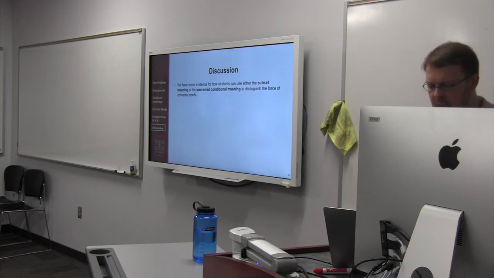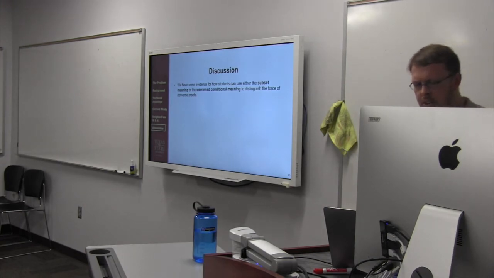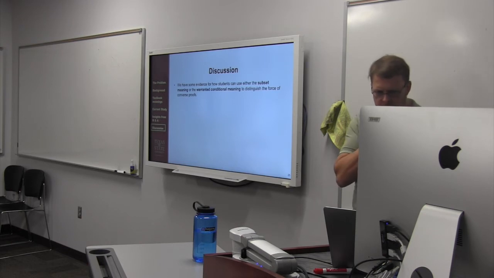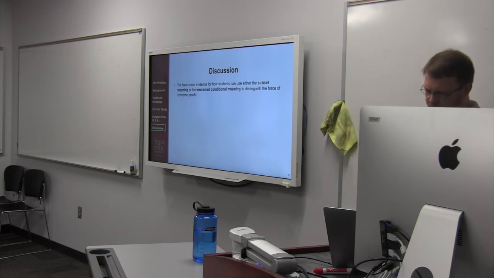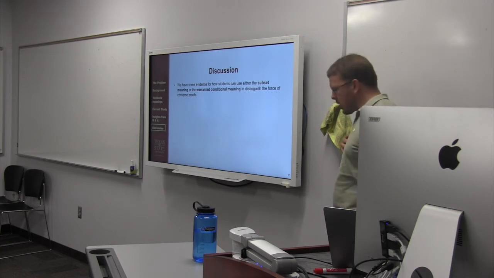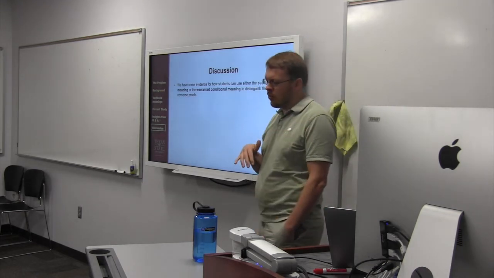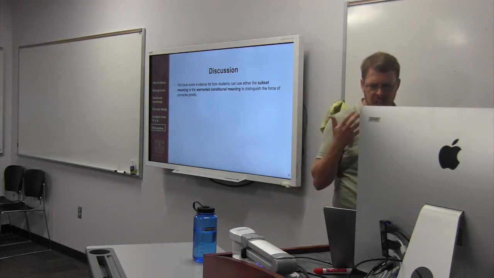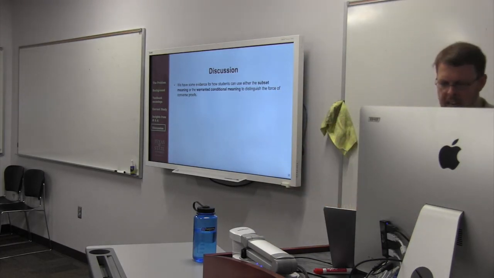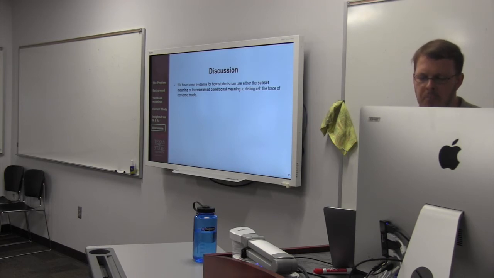So first, I don't have time to present it, but I do have some evidence through the completed teaching experiments that students can use subset meanings after we teach them, or they can use this warranted conditional meaning to resolve the initial problem I posed to you. How do we distinguish the force of the proof, the converse, from the original statement in a biconditional situation? And students were able to make arguments in both ways.